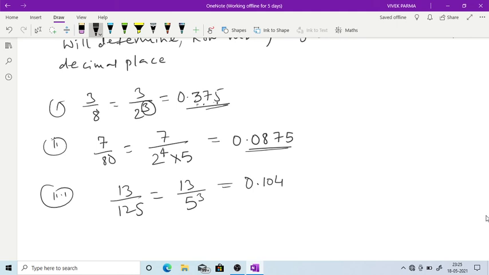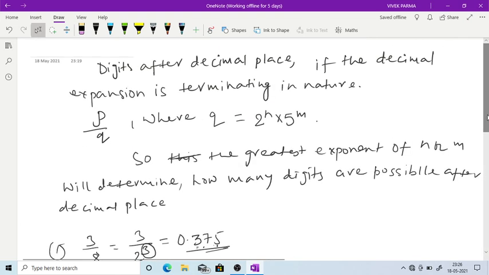Why? Because here the exponent of this 5 is 3, right? So in this way, you can state how many digits will be after the decimal place, by taking the highest exponent of the 2 or 5, right?